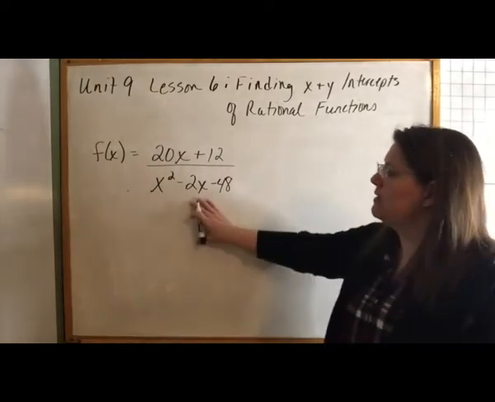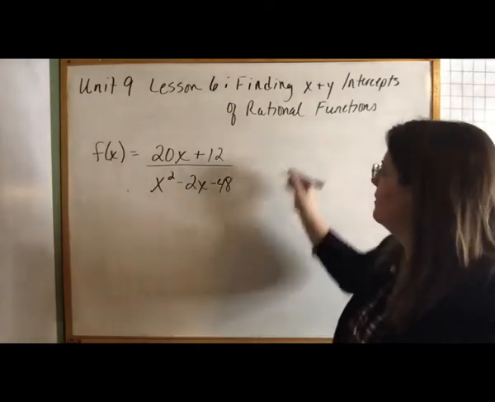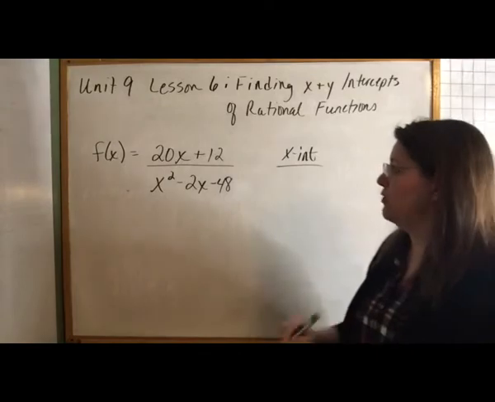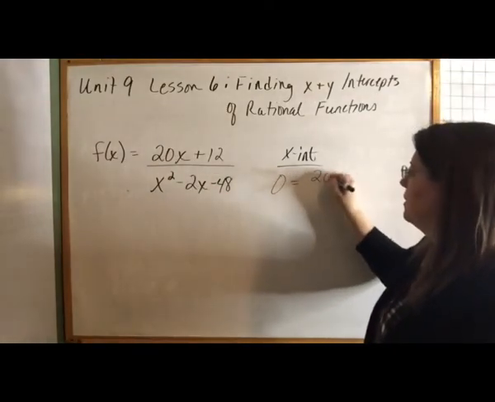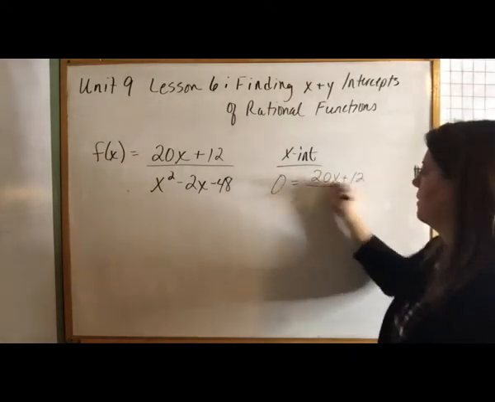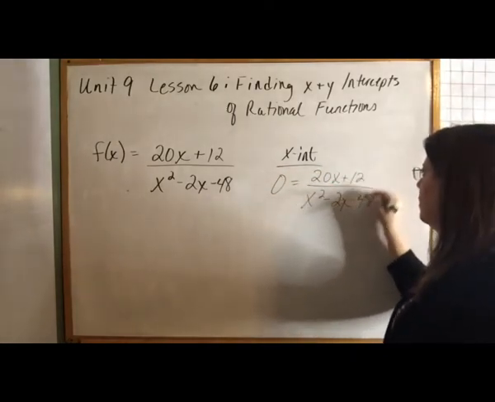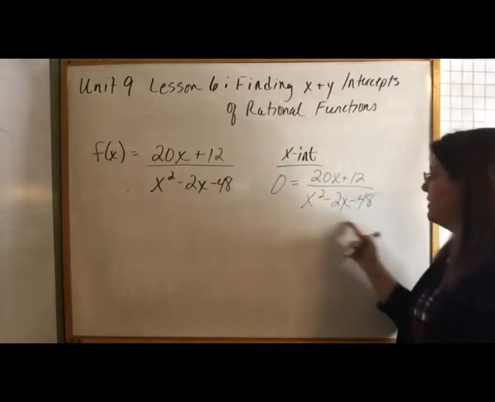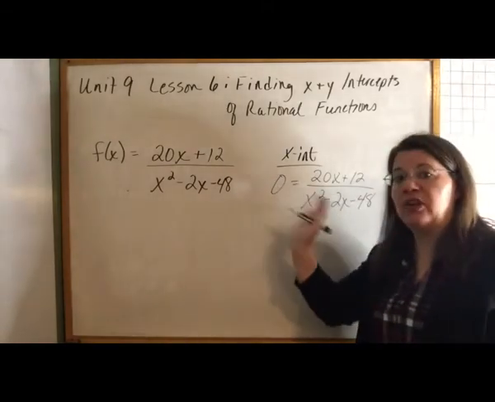So if I'm looking at this one and I want to find my x-intercept, remember, you set y equal to 0. So I'm going to set this function equal to 0. Now, when a function has a denominator, setting the function equal to 0 just means that I can multiply that denominator over to the other side and it's going to go away.